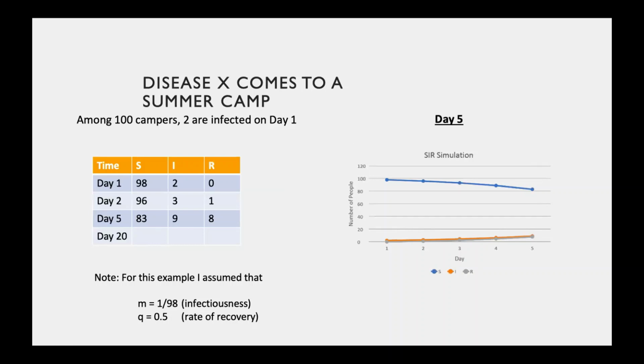And you can see on the right-hand side now a graph of the general trend of the susceptibles decreasing and the numbers of infected.